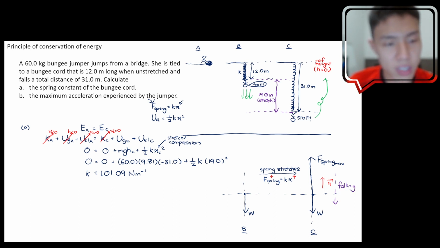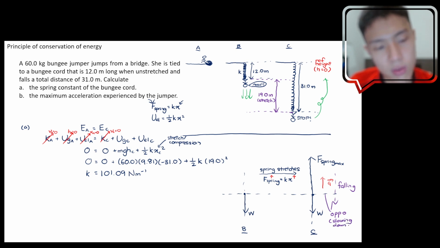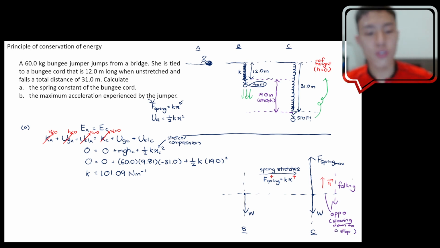Because they are in opposite directions, you are slowing down. By the time you reach point C, you have already slowed down to a stop.